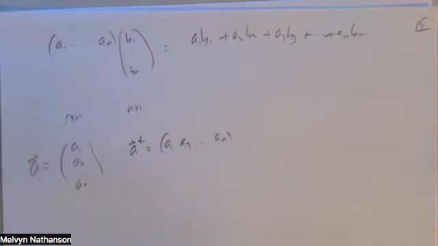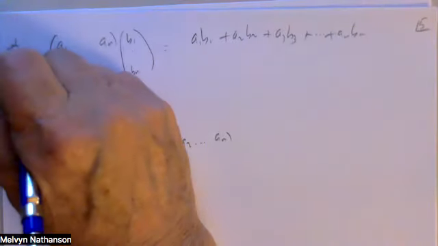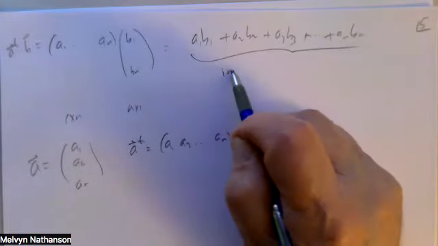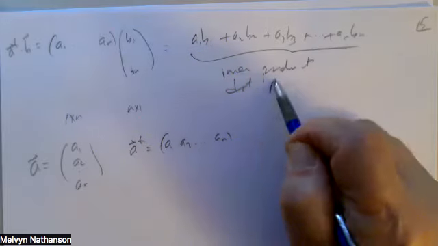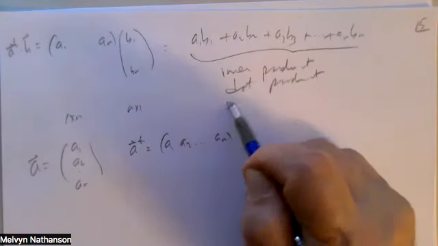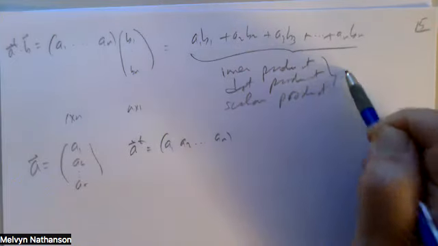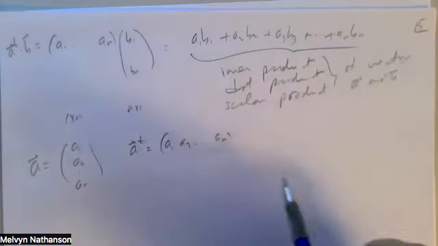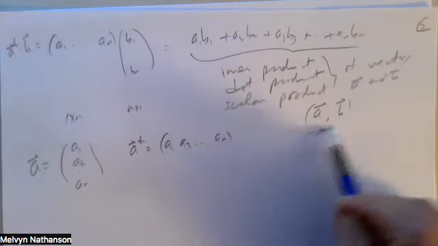And here we're multiplying A transpose times B. This is sometimes called the inner product, dot product, or scalar product of the vectors A and B. And it's often denoted as (A, B), in parentheses.